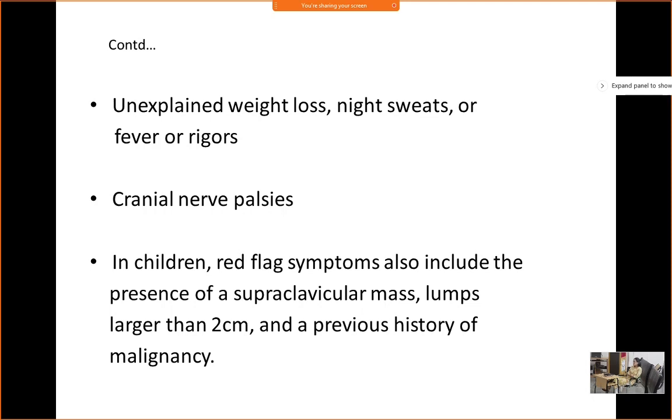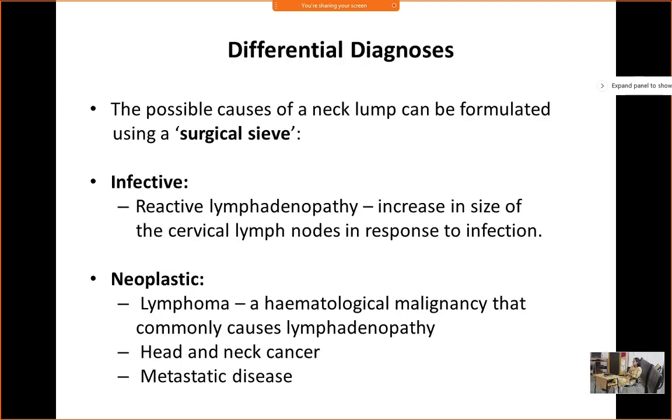Then another symptom that should prompt a high suspicion of an underlying malignancy is cranial nerve palsies. If any of the cranial nerves is showing any signs of paralysis or even a weakness, it should raise a high suspicion. Then in children, red flag symptoms also include the presence of a supraclavicular mass, a lump which is larger than 2 centimeters, and any previous history of malignancy in the past.